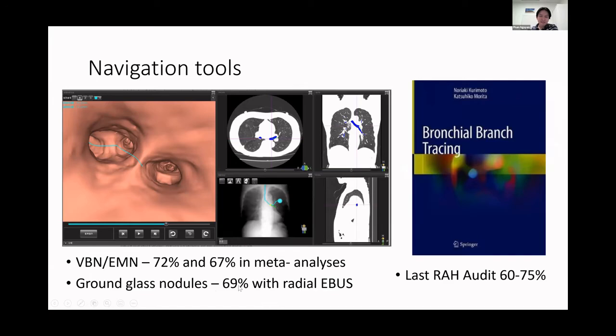With ground glass nodules, some expert centres may reach 70%. I use just a manual method of mapping the airway taught by Professor Kuramoto, and using that, my last audit was about the 75% mark here in Adelaide.